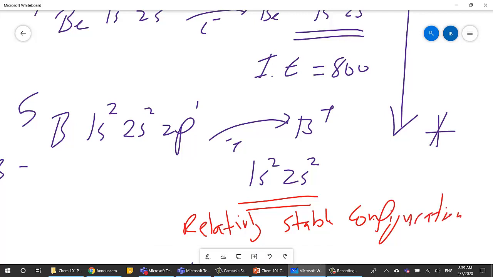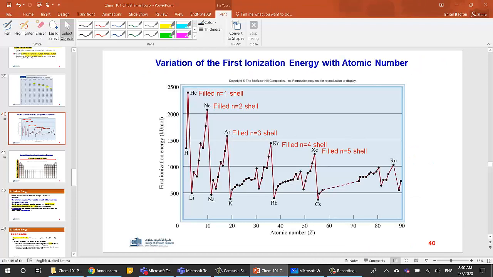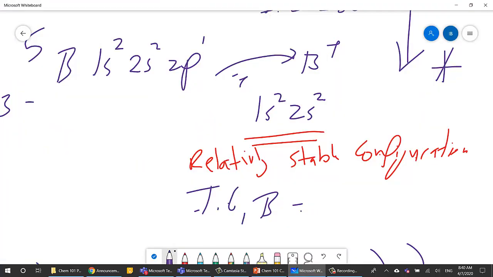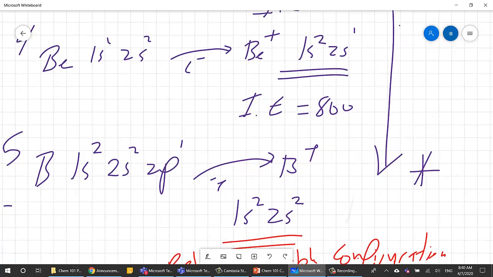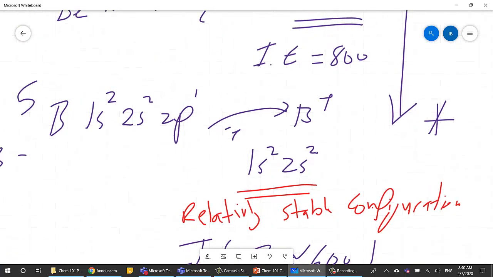And therefore, the first ionization energy for boron, if you look at the graph here, lithium, boron, is actually around 600, not 1,000. So you start with 500 and then 800, and you expect the number to grow to 1100 or something.